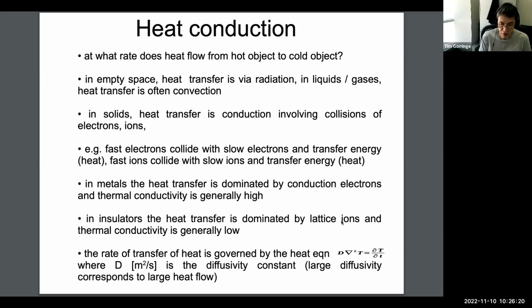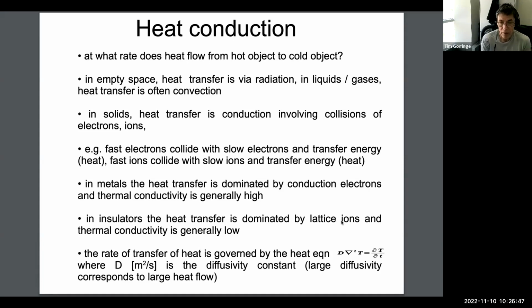So heat is transferred in solids by the collisions of the electrons with other electrons, ions with other ions. So for example, fast electrons colliding with slow electrons will transfer energy, which becomes the transfer of heat. Fast ions colliding with slow ions will transfer energy, which becomes the transfer of heat.